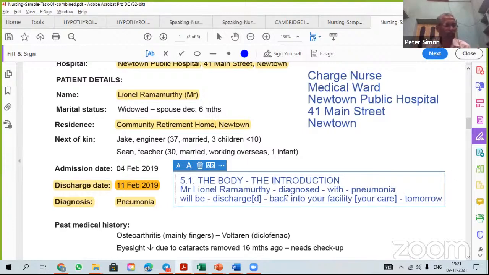Diagnosed with pneumonia. Right. Now you see, Mr. Lionel Ramamurthy diagnosed with pneumonia. Okay, fine. That's very clear here.